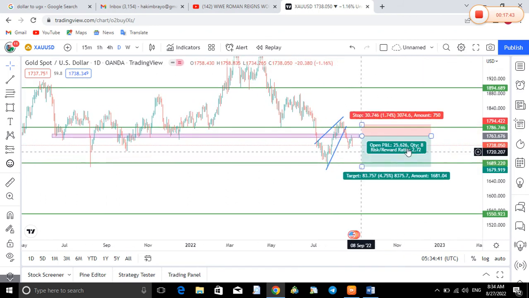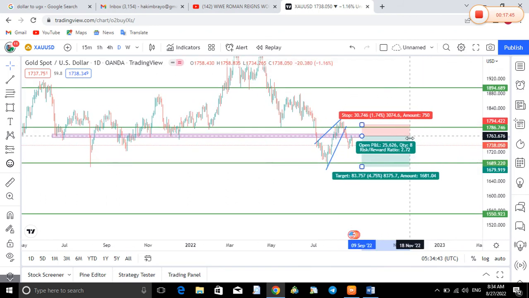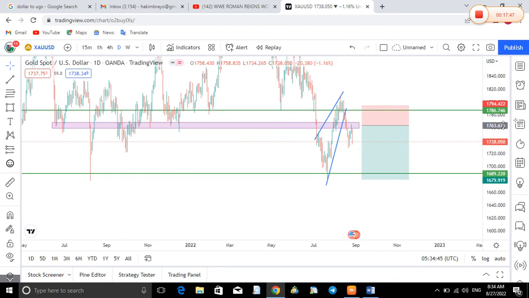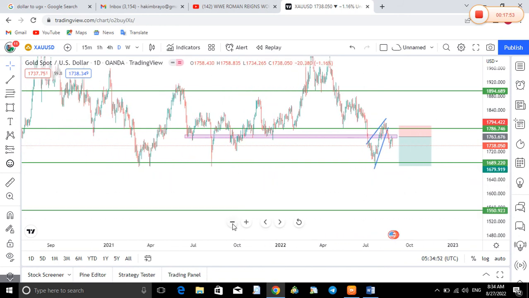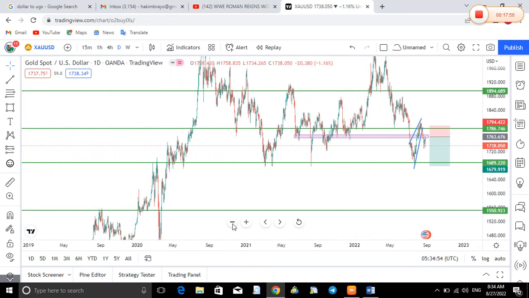Now if you are there and focusing on gold, we are still in a downward trend because the market is making lower lows and lower highs. Now if you are trying to wait or look for a reversal at the moment, do not look for reversals in gold.